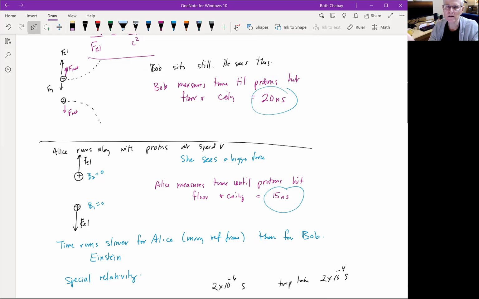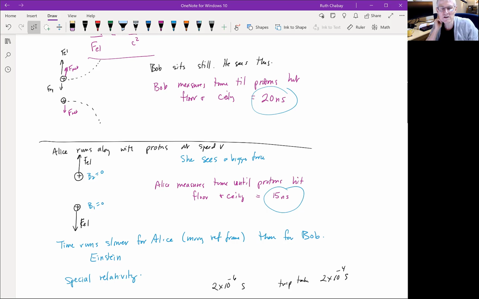They say, I know the force, I can calculate the electric force here, I can calculate the magnetic force, and so I write a computer program to predict how long it's going to take to get them to hit the floor and the ceiling, and then what they actually measure with their little stopwatches is how long it takes.